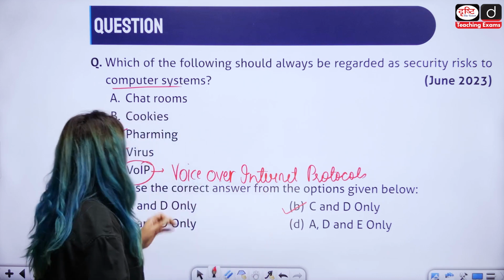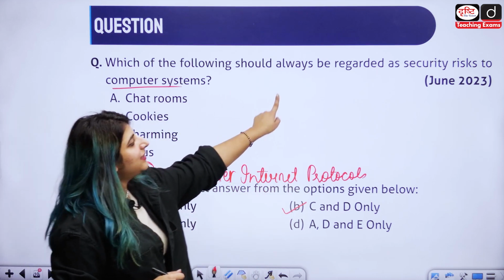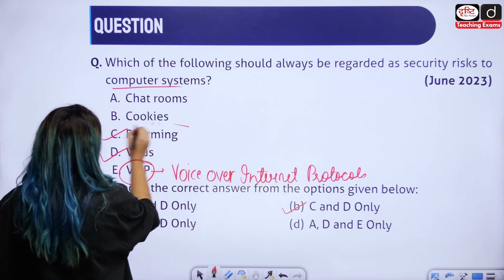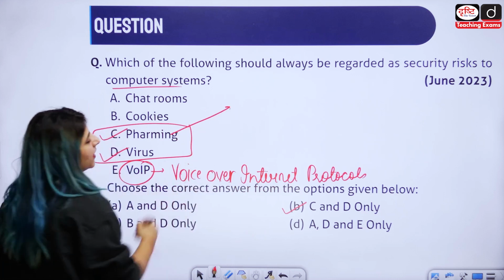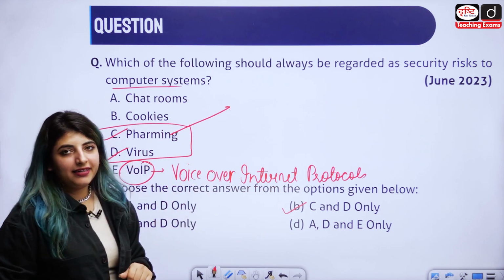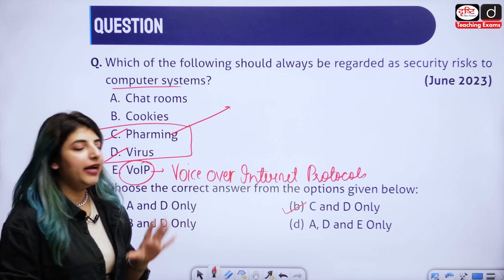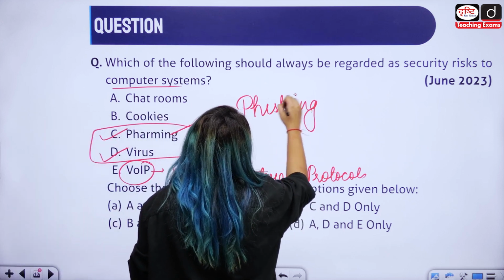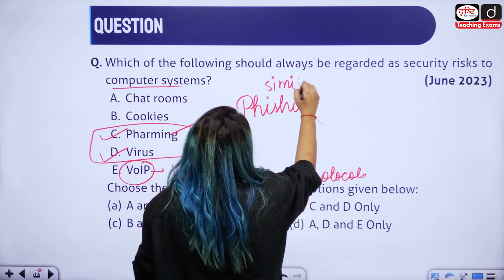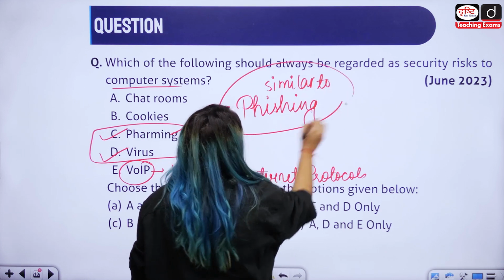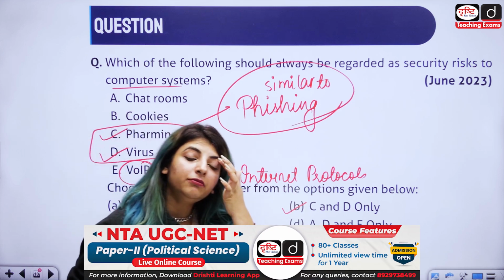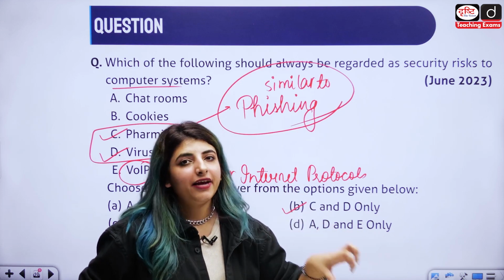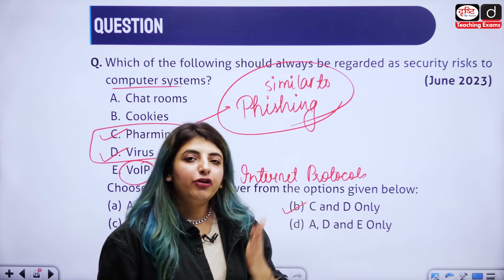Coming back to the question, they have asked which are regarded as security risks. These two are the ones: pharming and virus. Here, pharming is similar to phishing, because it's going to harm your computer system, hack it, and provide you with more and more spam. Correct?